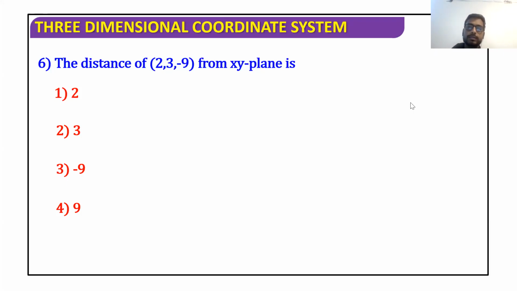Rutvik is saying 9, Ayush is saying 9. So simple. The distance from the xy plane is going to be equal to mod of z. What is z in this case? Minus 9. We are seeing distance, so we are going to ignore the minus sign. So the answer is going to be 9.